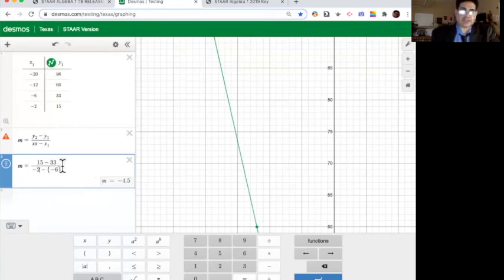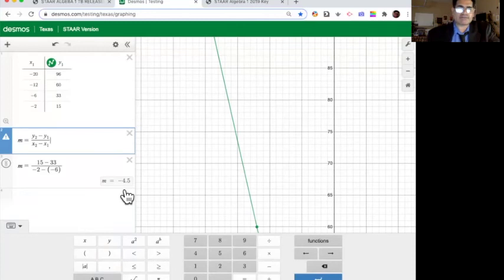In this case, it understands that the m is the slope you're looking for, based on these numbers here. Let me make sure that's correct. Yeah, it still understood that your slope is negative 4.5. Let's see if we did it right.